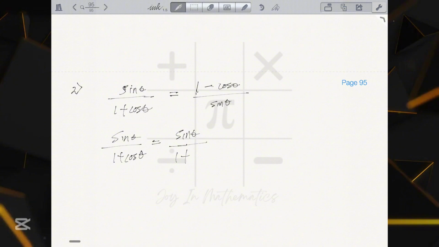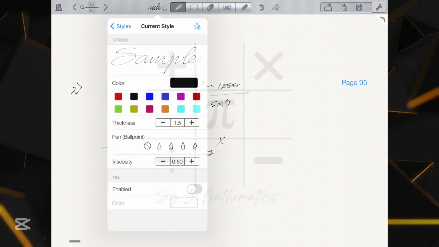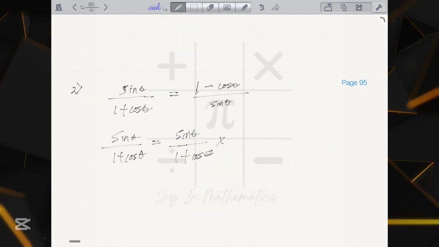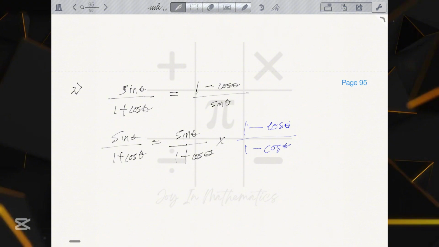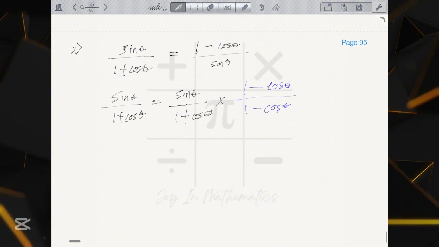The conjugate of the denominator here is 1 minus cos theta, and we do the same thing for the numerator, 1 minus cos theta. This will explain better when you look at surds. Take a look at surds on our YouTube channel and you'll get this.